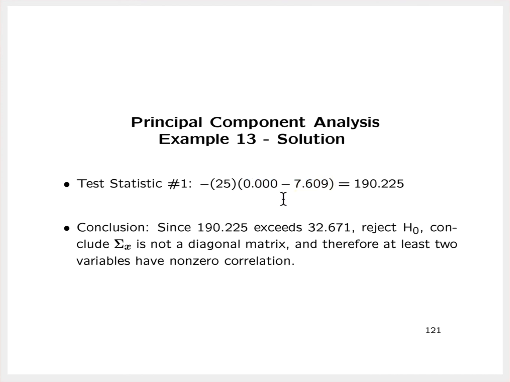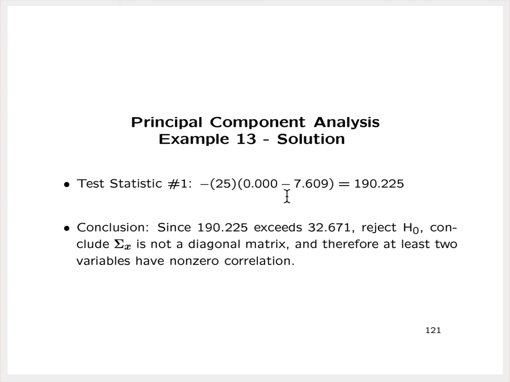You'll agree that negative of 0 is just 0. So instead of writing this negative 7.609 minus 0, I just wrote that in the equivalent way, 0 minus 7.609. So you can write it either way. This is perhaps a little bit confusing, but that's why I'm taking time to explain it here.